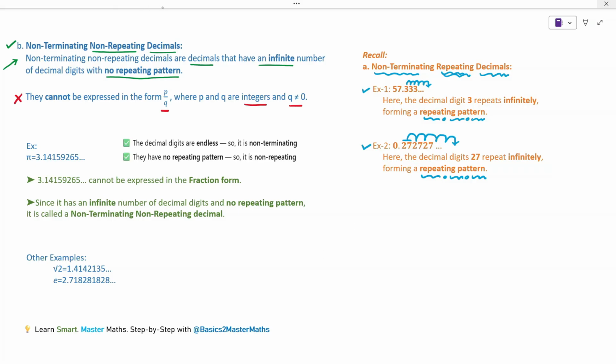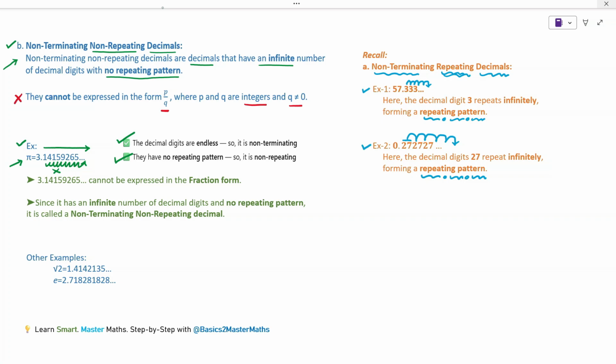Now let us try to understand the definition with an example. Observe here, the decimal digits are endless. So it is non-terminating. Next, observe carefully, they have no repeating pattern. So it is non-repeating. Got it?